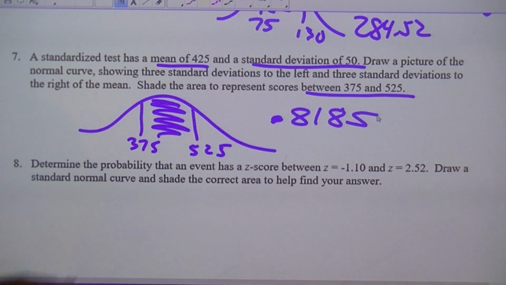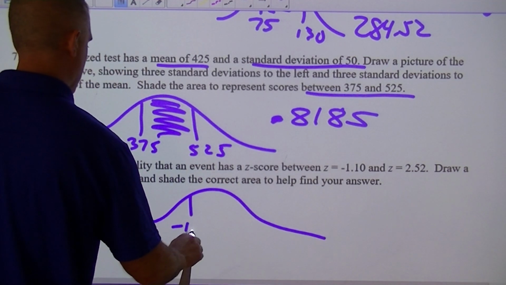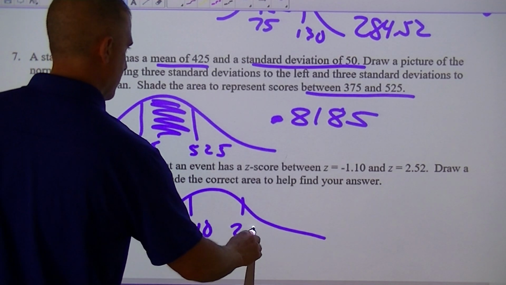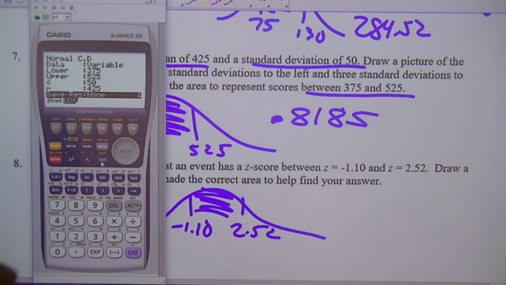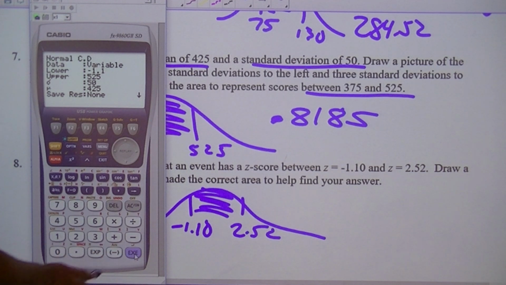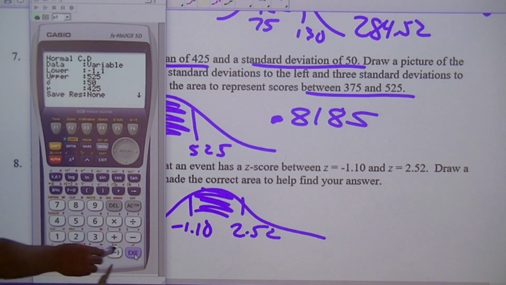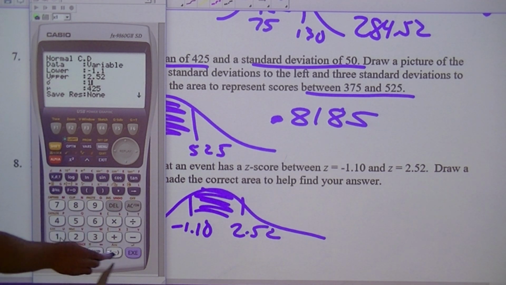Okay, probability it's between negative 1.1 and 2.52. Okay, so negative 1.1, 2.52. I don't know the standard deviation, so I can assume 1.